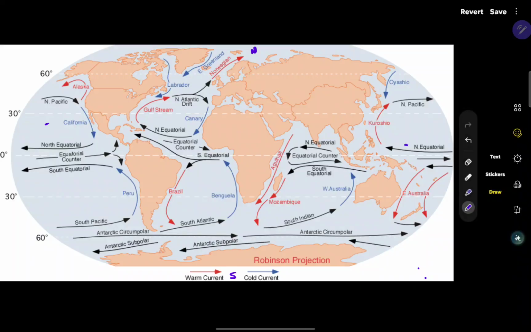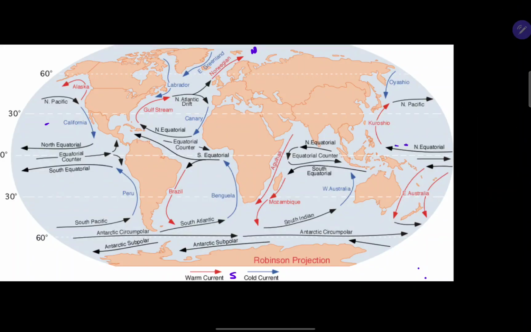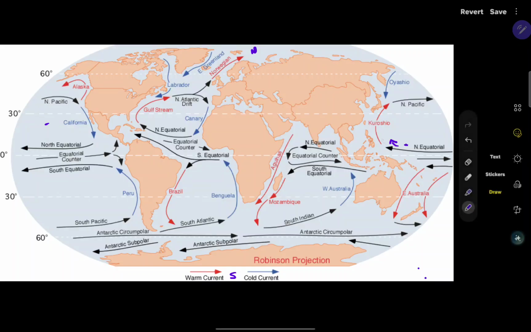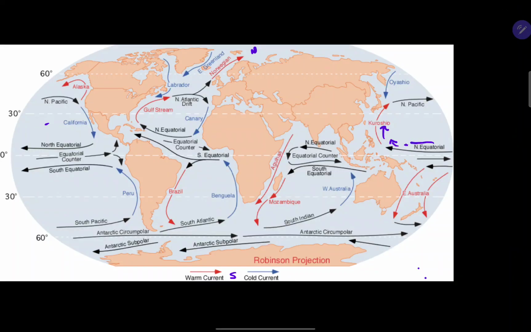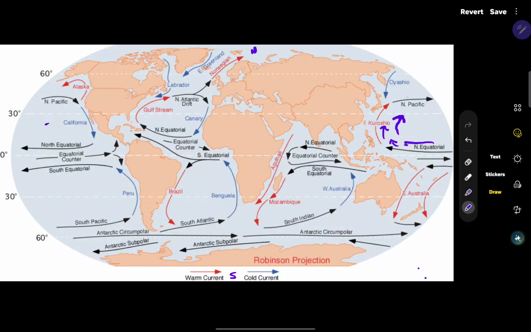Once the north equatorial current touches the land, it will make a warm current, and that current name is Kuroshio, and it goes in the same direction the current was flowing. So your north equatorial was flowing in this direction, it touches the land, it will go to the north side, and it will be a warm current. Forget about the name part for now, we will be focusing on direction.